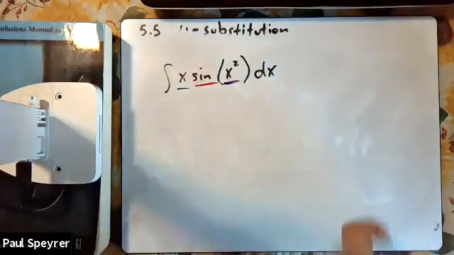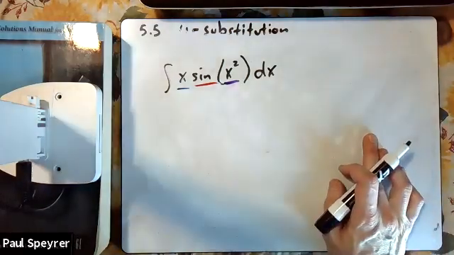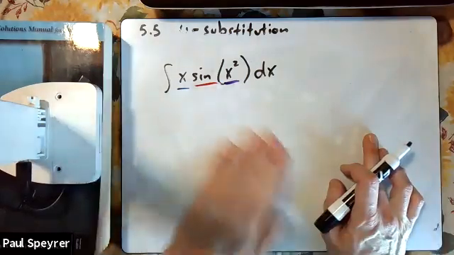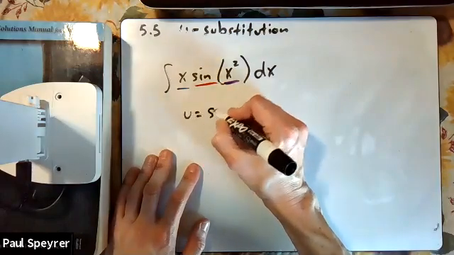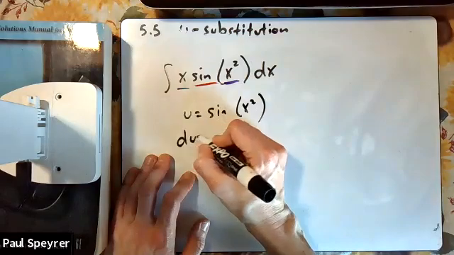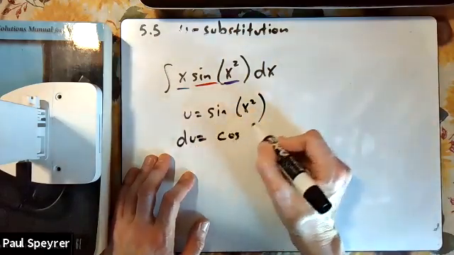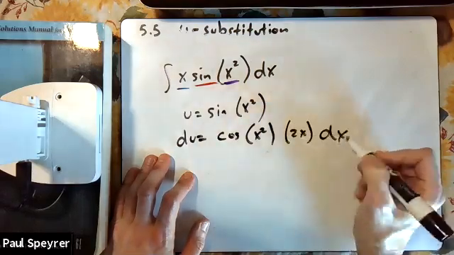But again, what you want to ask yourself is, what can I take the derivative of so that when I derive it, its answer matches something else in the problem? Like, let's say you let u equal sine of x squared. If you take the derivative, what is that? Well, you'd have to chain it, right? You'd have cosine of x squared times 2x dx.